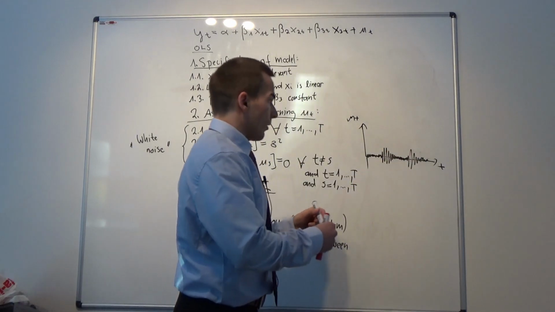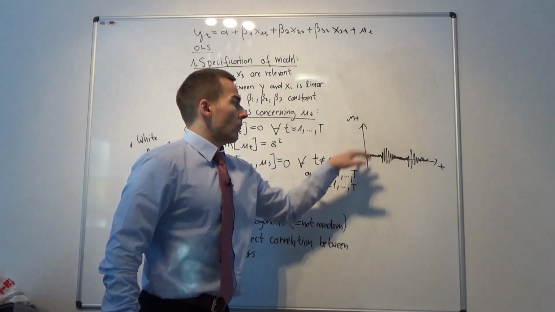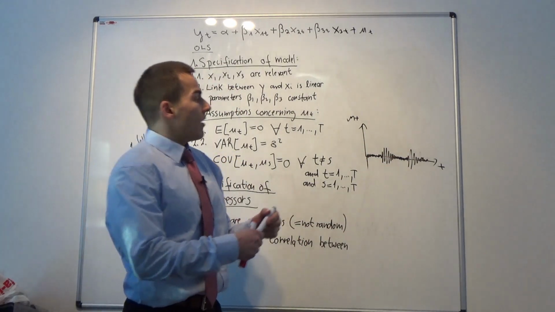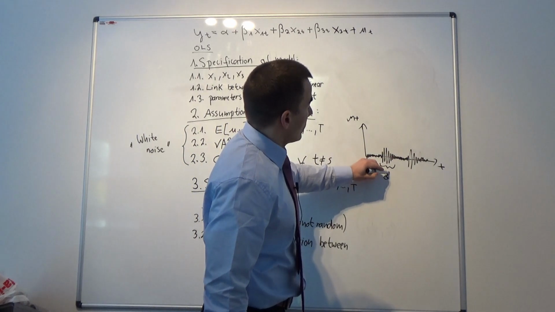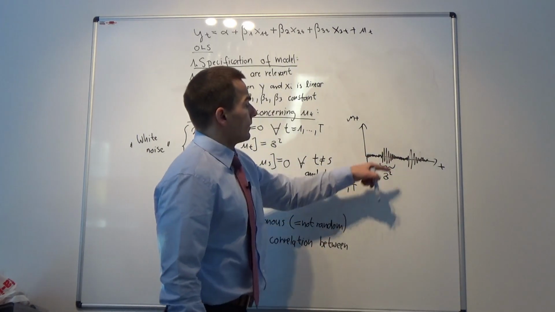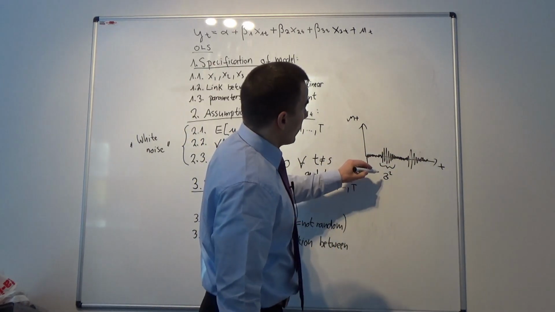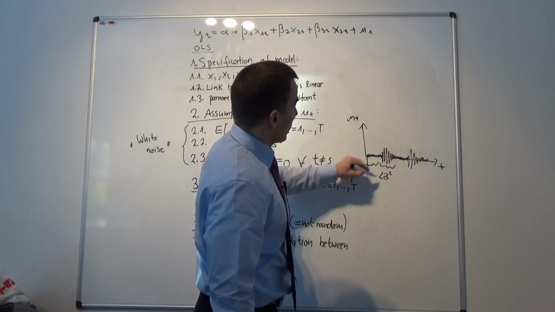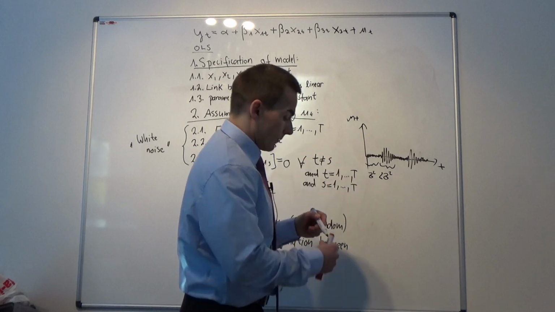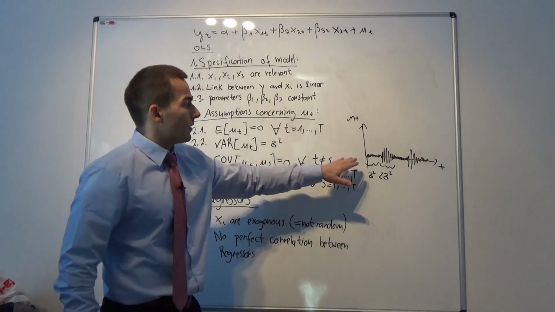What we have here is obviously a clustering in the volatility. The variance in this time period is obviously larger than the variance in the beginning of the sample.